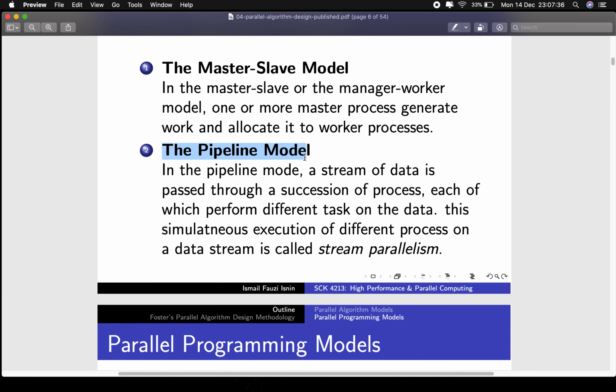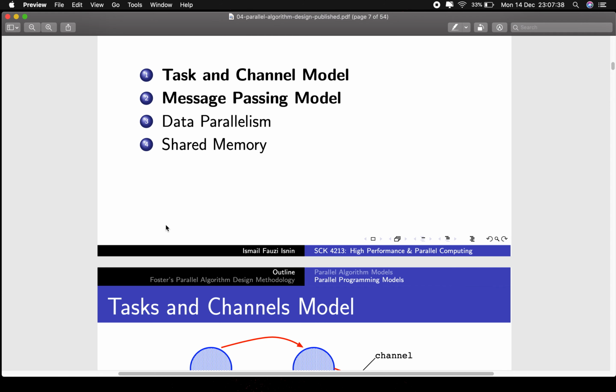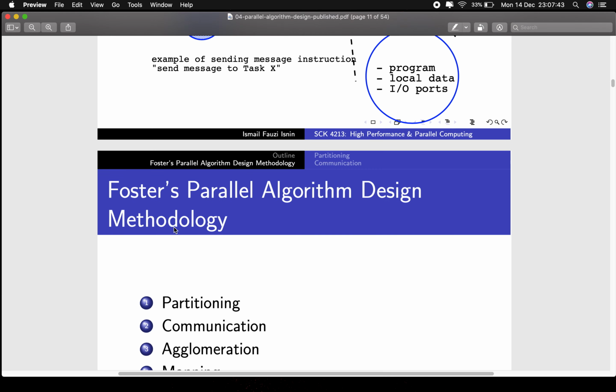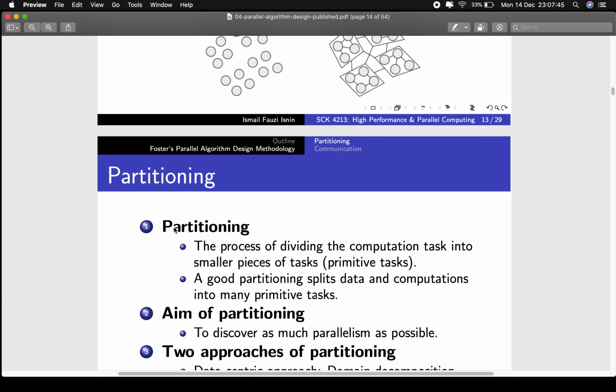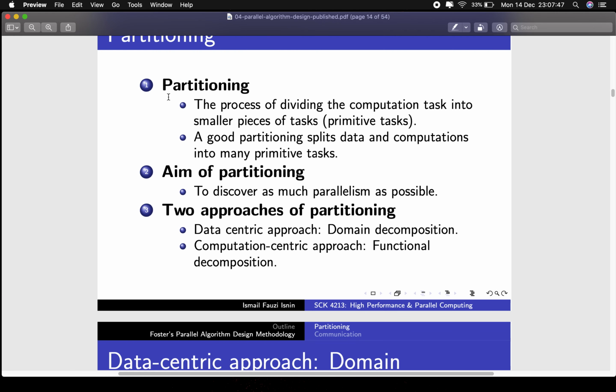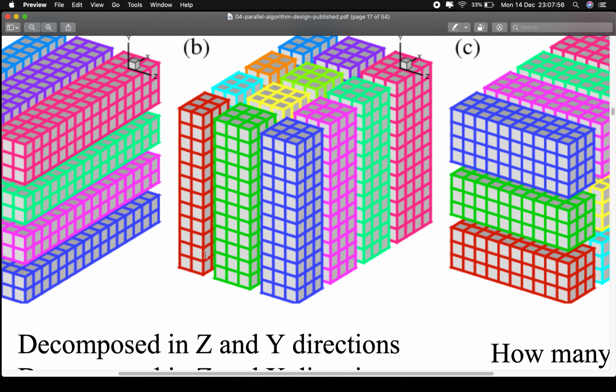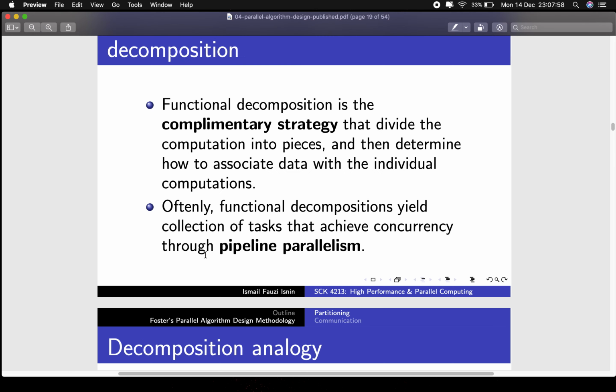These models normally use the methods of partitioning under your computation centric approach. So normally you are using this under the pipeline model.